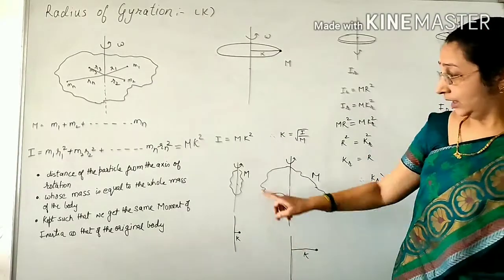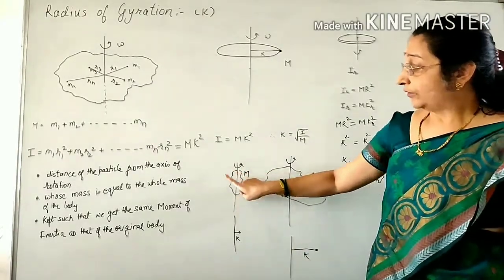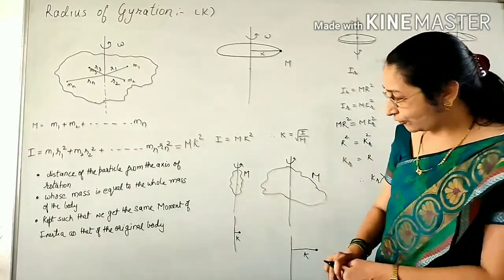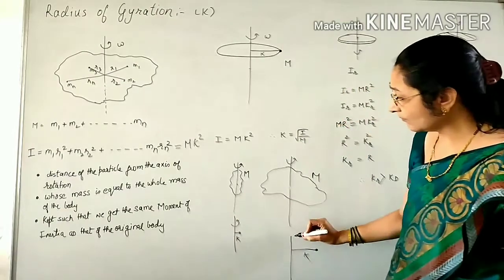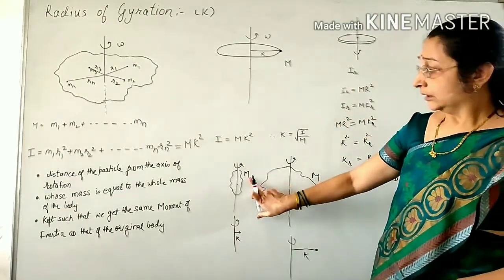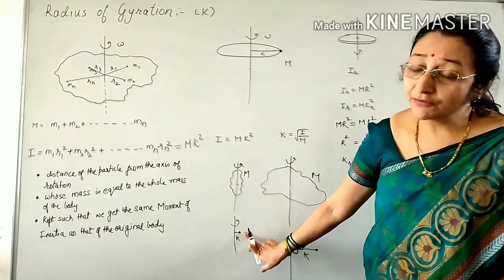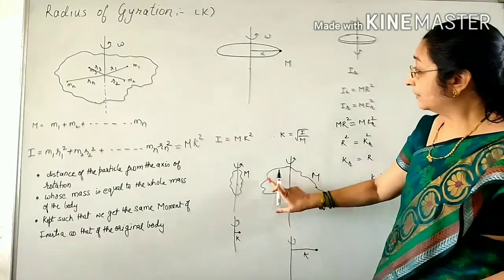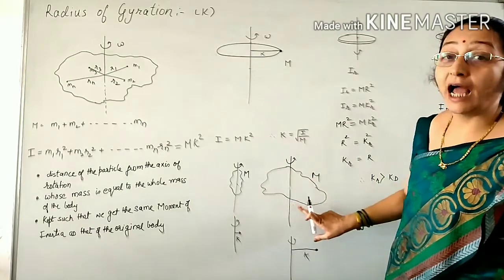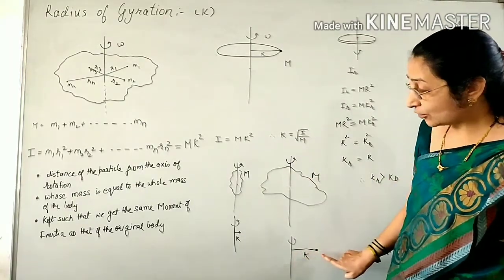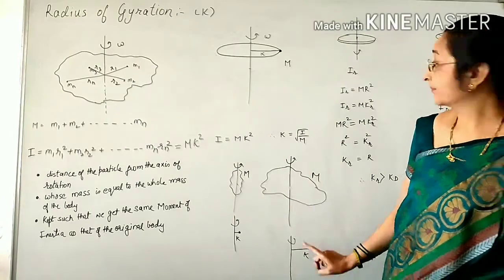Now when the masses of the particles inside the body are close to the axis of rotation, then the radius of gyration is very small. When the masses are distributed at a larger distance from the axis of rotation, the radius of gyration is large.